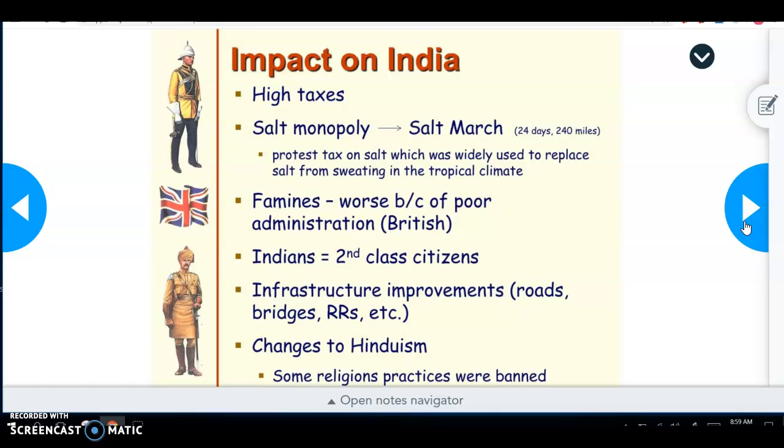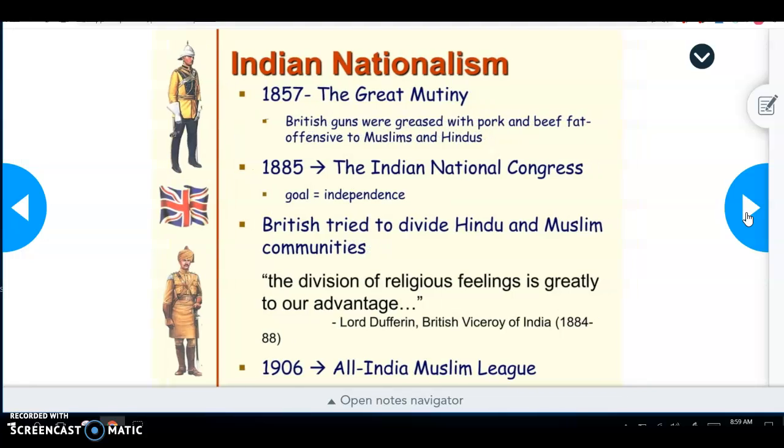And like I said, a lot of this infrastructure is going to look very much so like how it would in England or Europe, but that is going to be a positive as far as the development of that country. And then unfortunately, they're also going to try to ban some of the cultural ideas or practices, including some of the things in Hinduism as well, were banned.